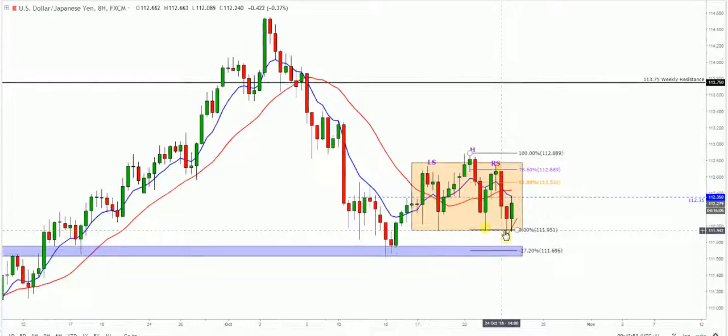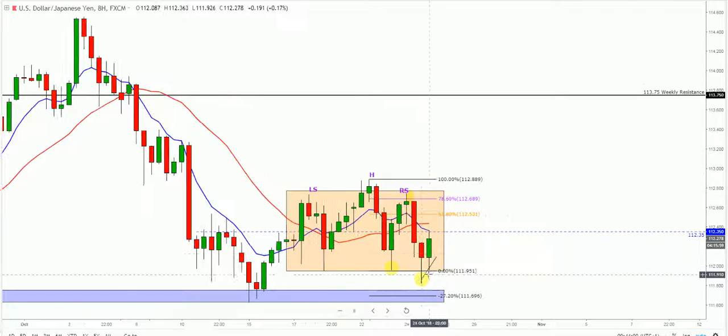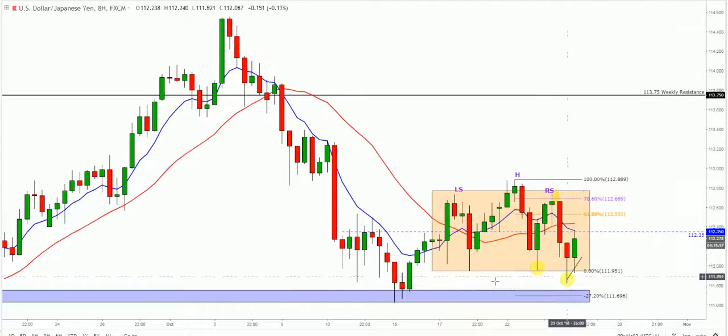On the 8-hour time frame, we did have this head and shoulders pattern neckline as the bottom of this range.